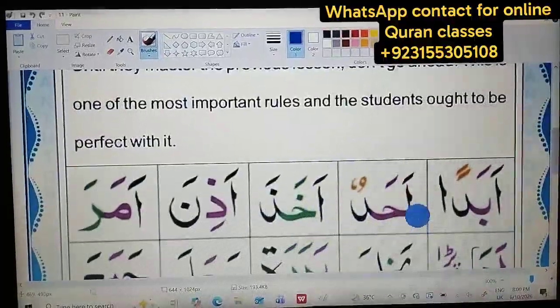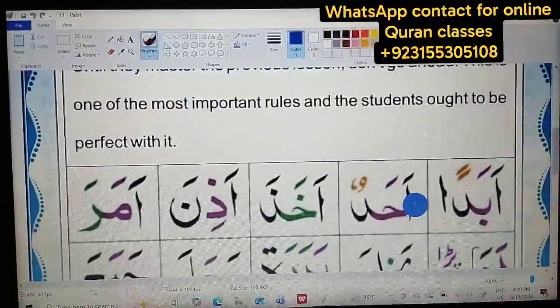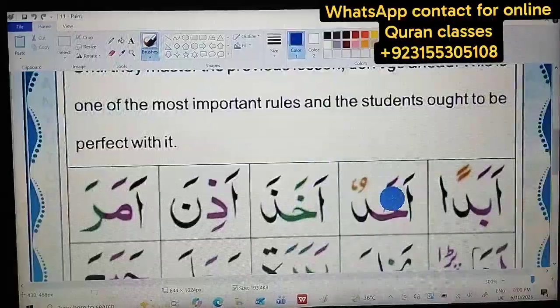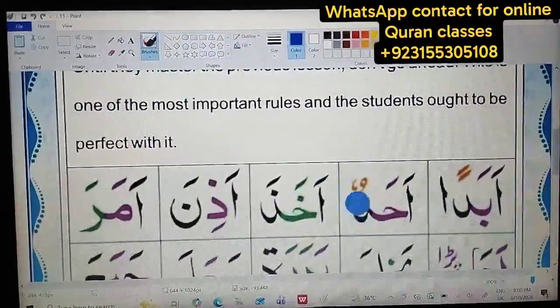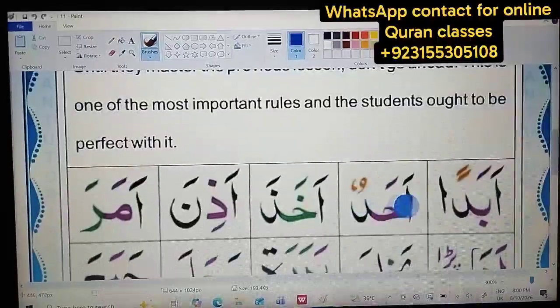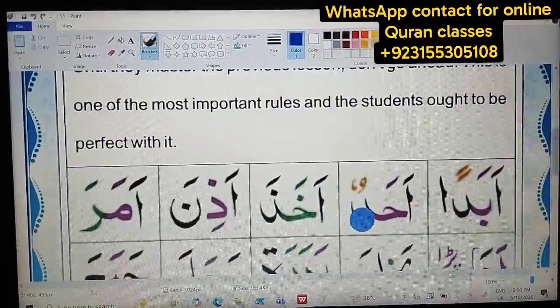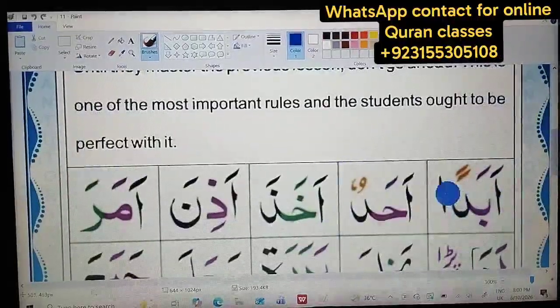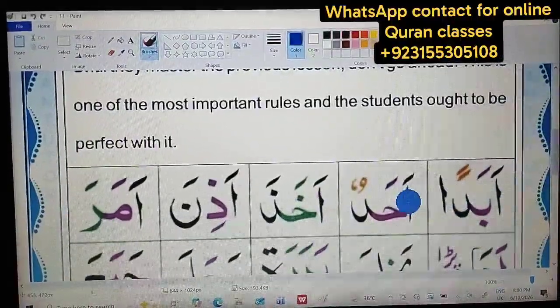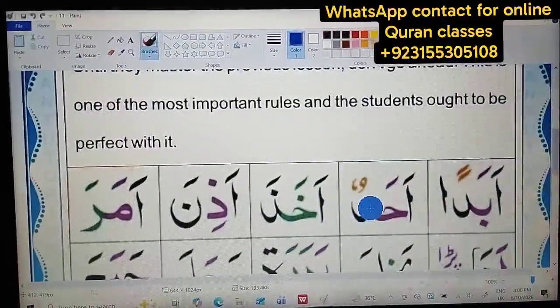We read once again: hamza, fatha, a; ha, fatha, ha; a, ha; dal, double damma, dun: ahadun. Now again we read the first one without spelling: abadan. Next one is ahadun.